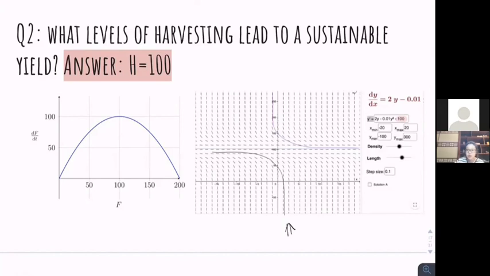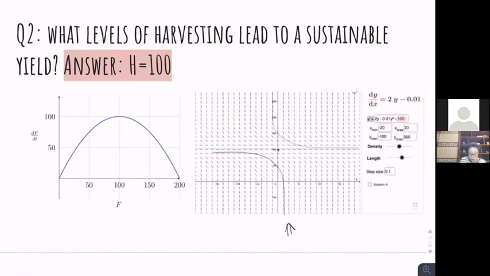This is a slope field we just saw on the previous page. As long as there are more than 100 fish in a pond, we can see that the population will always remain at 100. It will not decrease to 0 or reach too high.